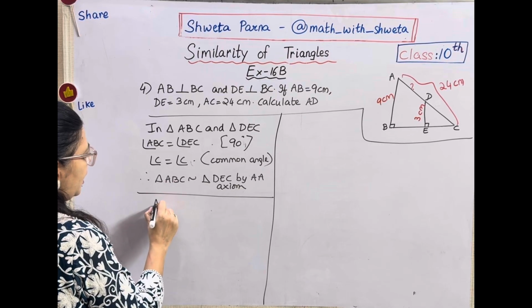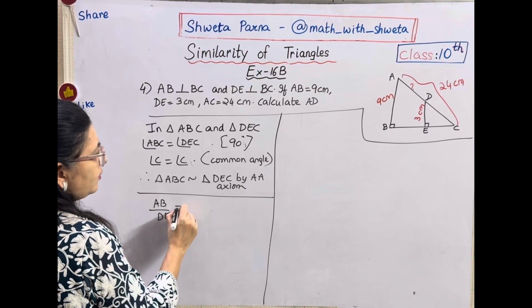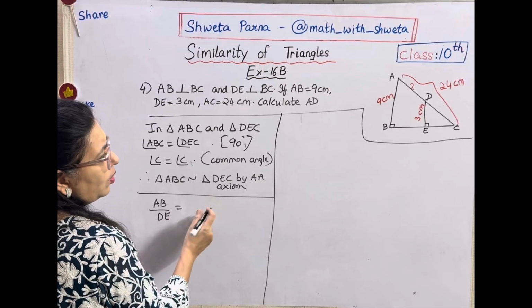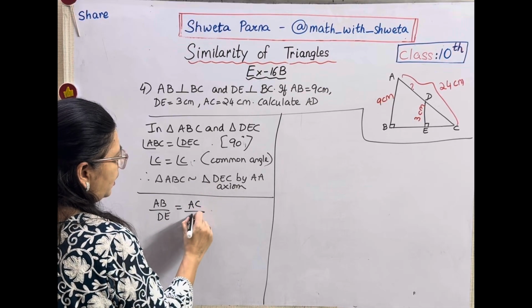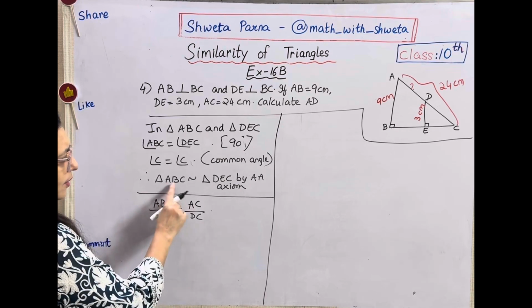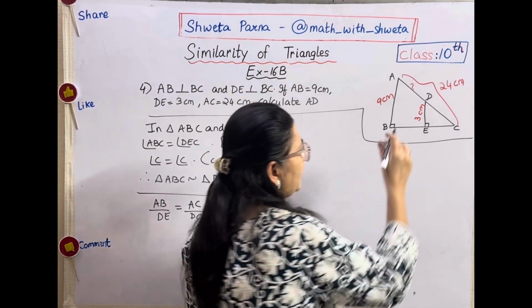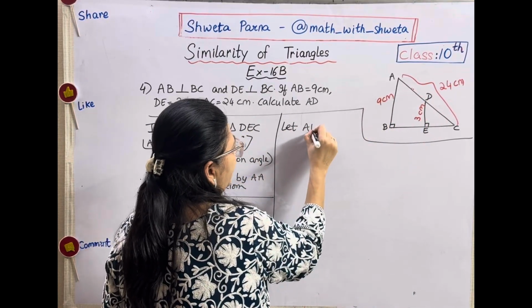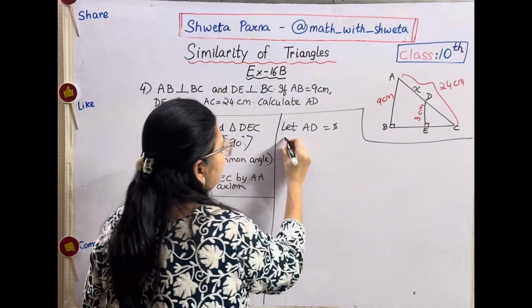So AB upon DE is equal to, what you have to find? AD you have to find. So AC is given to us, right? So AC upon DC. Now over here what will you do? Let AD be X. If AD is X, what would be DC?